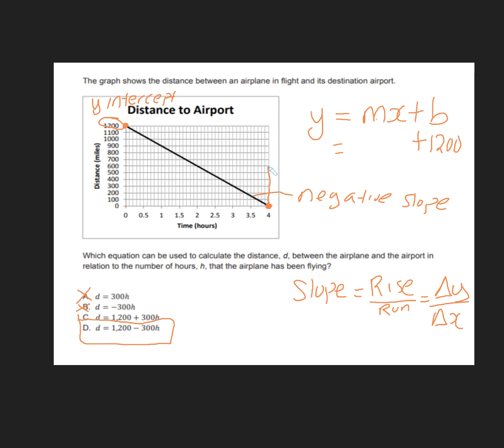So I'm going to go up this way and then across this way. All right, let's go. So how many units am I rising? I'm starting at 0 and I'm going all the way to 1200. So I am rising 1200 units, or miles. I'm going to call it units, 1200. So I'm rising 1200 because I start at 0 and I end at 1200.